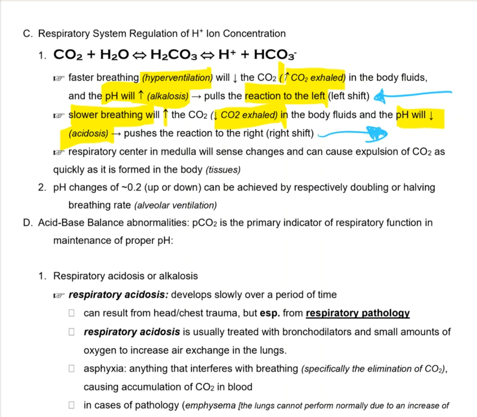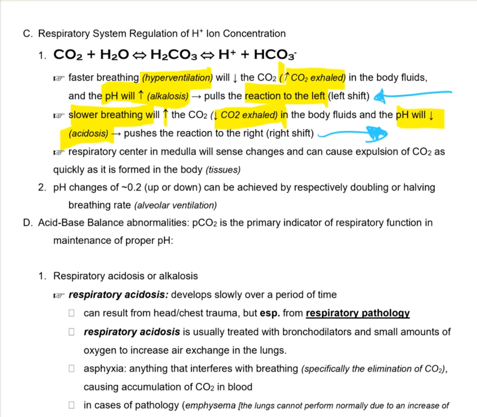So if it pushes the reaction to the right, we will have more acidity. Our respiratory system can change whether we're going to have an acidic pH in our blood plasma by breathing slowly or holding on to more carbon dioxide, and faster breathing can push more CO2 out.